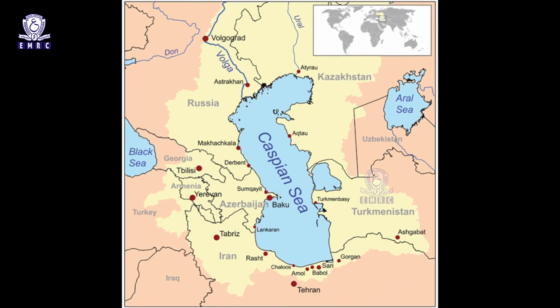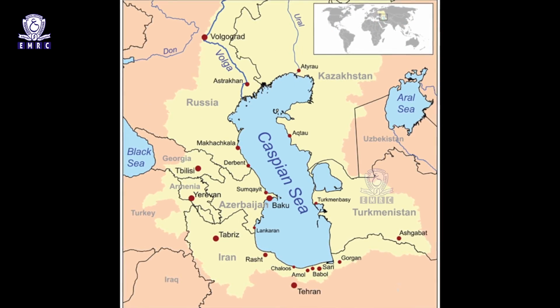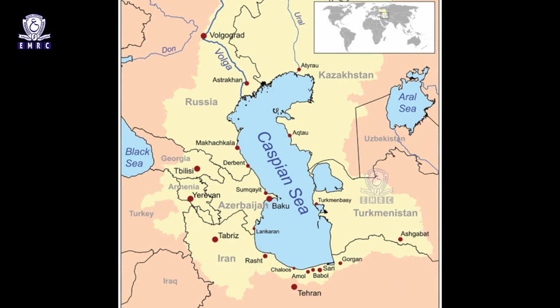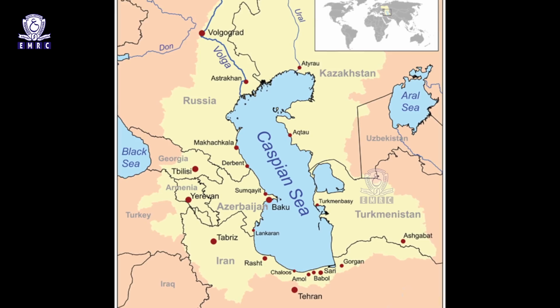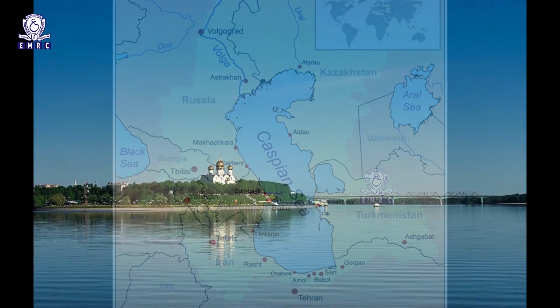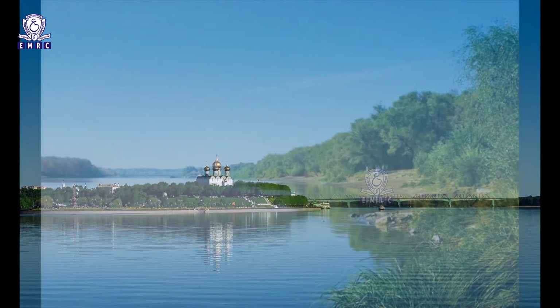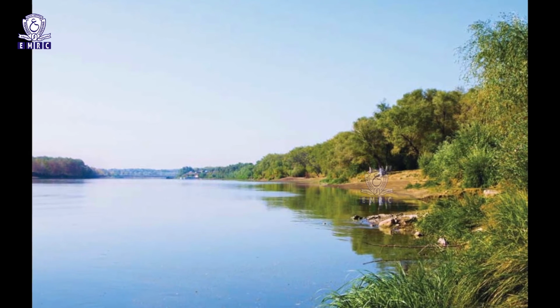For example, the lower salinity of the northern part of the Caspian Sea, which is 14 parts per thousand, is because of the addition of an enormous volume of water brought by rivers like Volga, Ural, etc., but it becomes as high as 170 parts per thousand in the southern part, the Gulf of Karabugas.